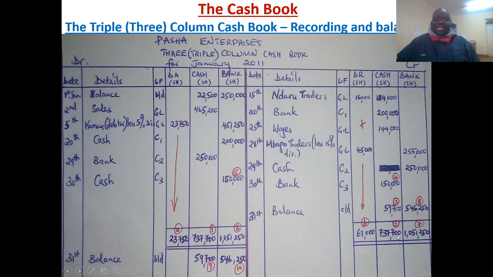Then from there, we add this payment, and whatever remains, we add up, and then we deduct from 737,700, and we get what was to be deposited in the bank, and it is 150,000.